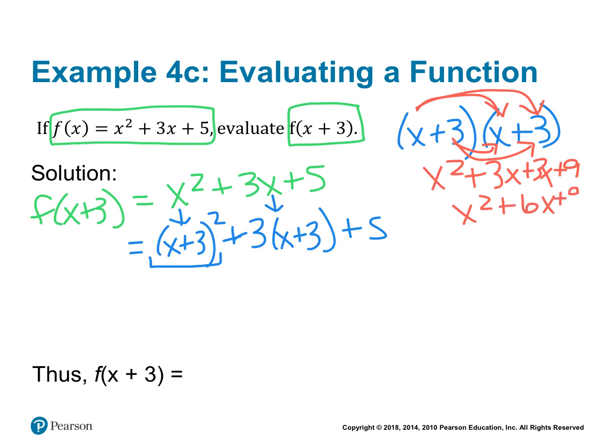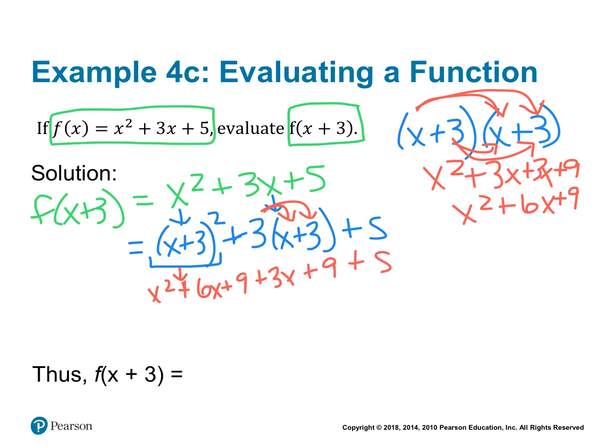You could simplify it. So just this part, we found x squared plus 6x plus 9. Then the next part is plus 3x plus 9, and finally plus 5.